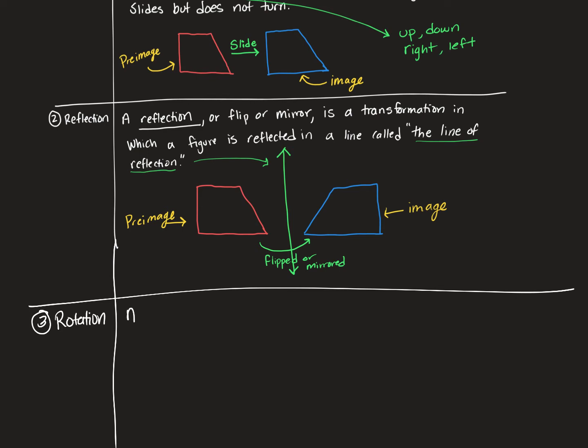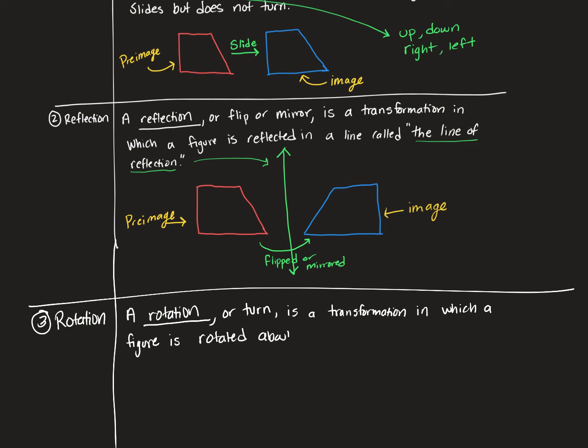So a rotation, we're going to underline the word rotation, or turn, sometimes it's called a turn, is a transformation in which a figure is rotated about a point called the center of rotation.